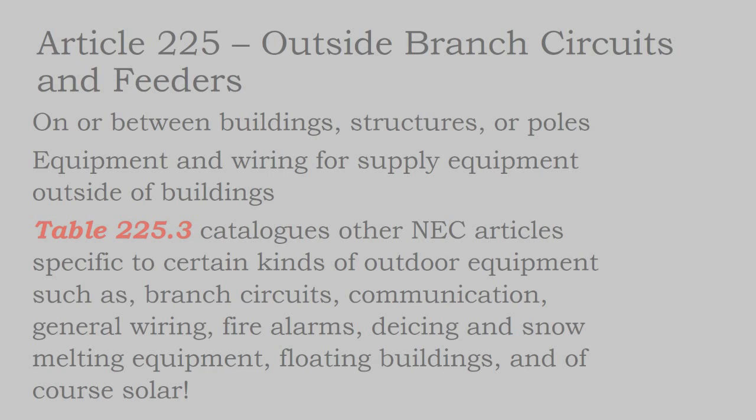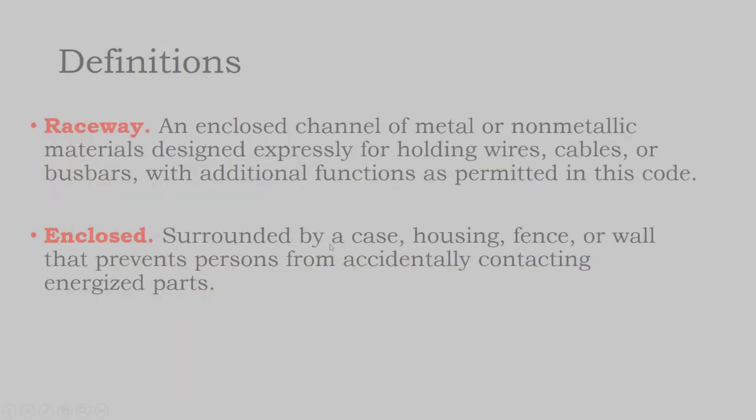Special rules for branch circuits, special rules for communication, fire alarm systems, de-icing and snow melt systems, all of these, boat docks. You want to design a floating solar array? Well, there's a section of National Electric Code out there that governs floating buildings. So there are specific rules for specific applications of electrical devices within code.